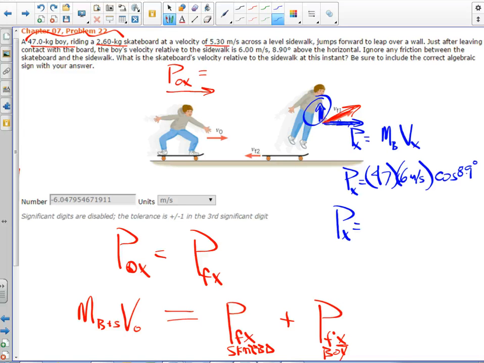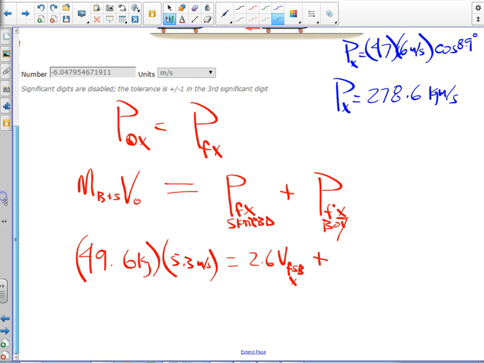Turns out to be, with some quick calculations, I got 278.6 kilogram meters per second. So 278.6 kilogram meters per second. And positive still, going to the right.